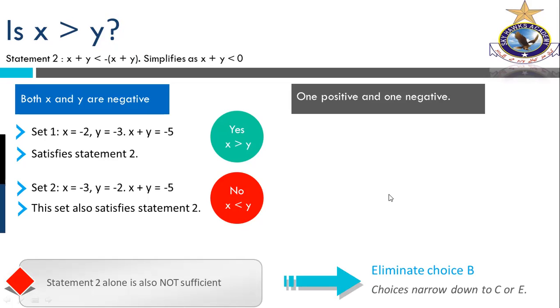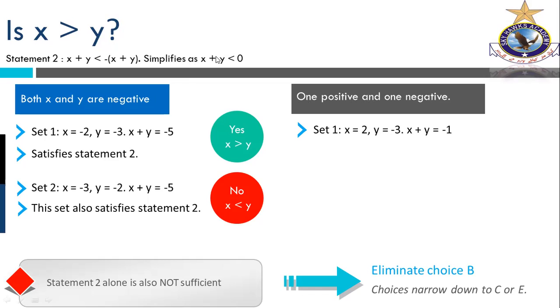One positive and one negative. Once again, we have this possibility that both are negative and the one positive and one negative. Look at this, set 1. We are supposing that one value is negative and the other is positive, as you can see over here. So the sum is minus 1.